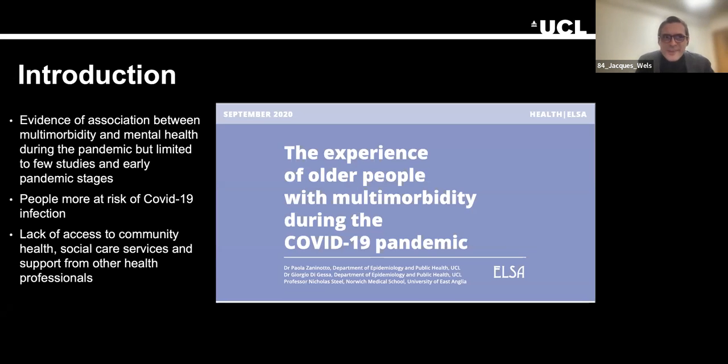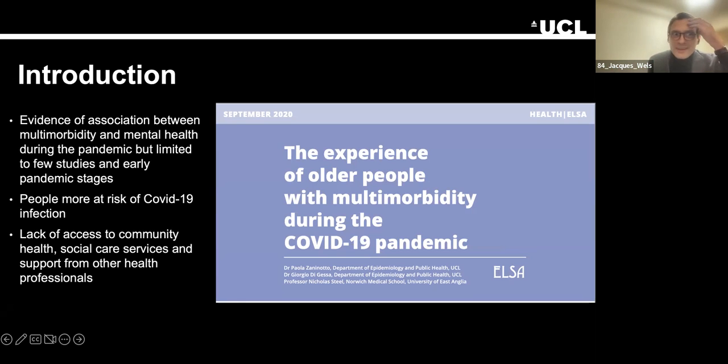Okay, so as we say, there's some evidence on the association between multimorbidity or comorbidity and mental health during the pandemic, but it's limited to only a few studies. And it was only at the early stage of the pandemic. No study has covered a long time over the pandemic. Why?